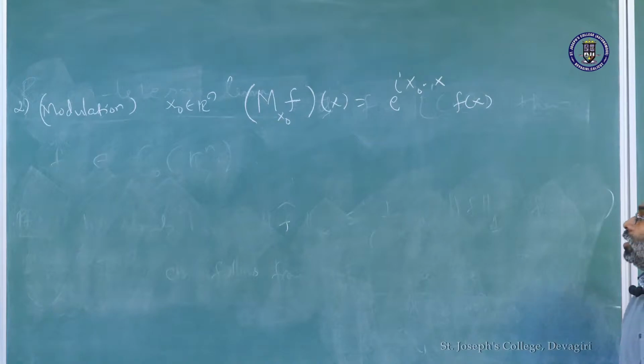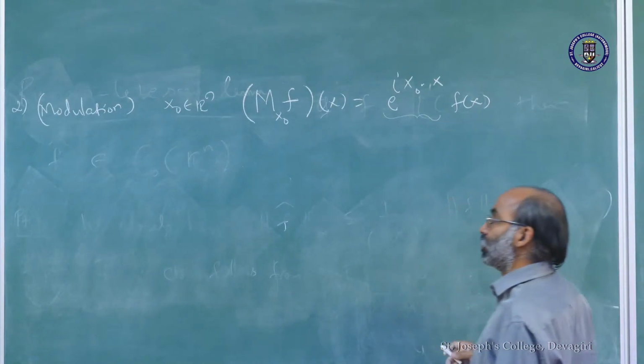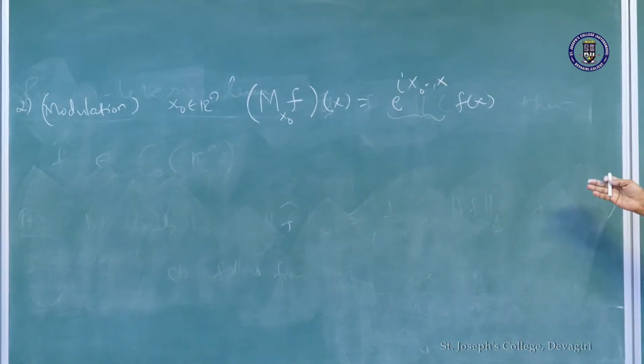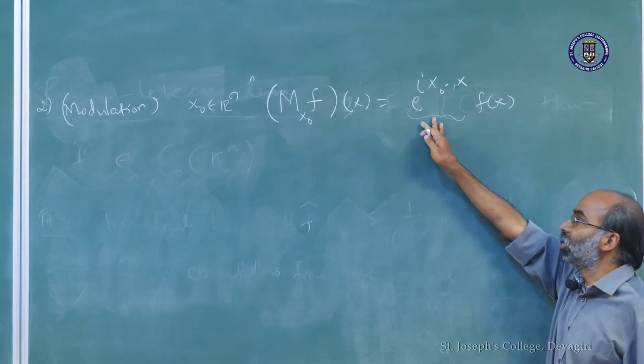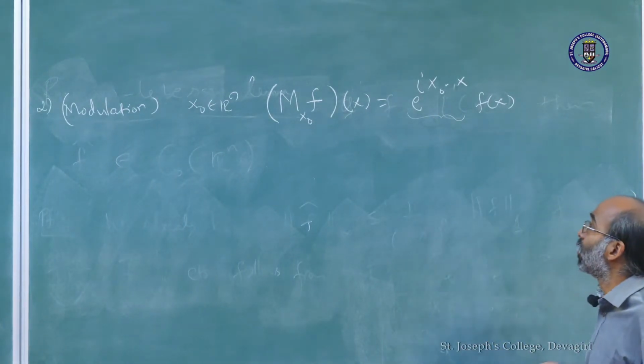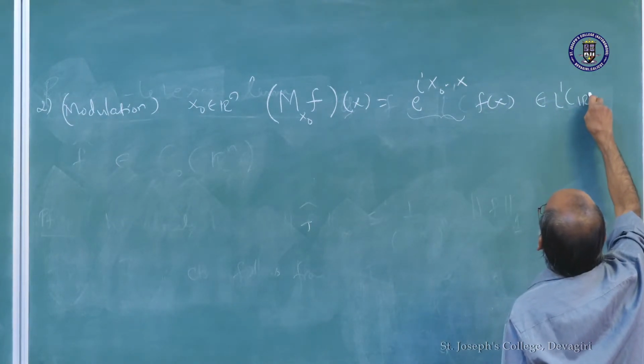Okay. And this is a function which has modulus 1, right. So, if f is in L1, the product is also going to be in L1, right, because the modulus of this is 1. So, it does not do anything to f. Okay. So, this would be in L1 if f is in L1.